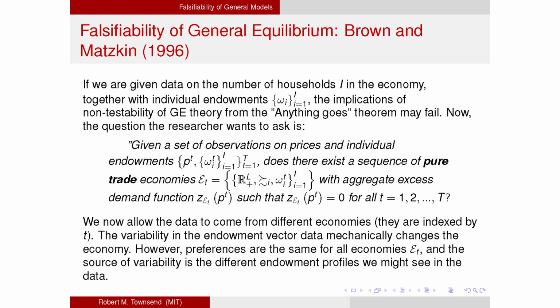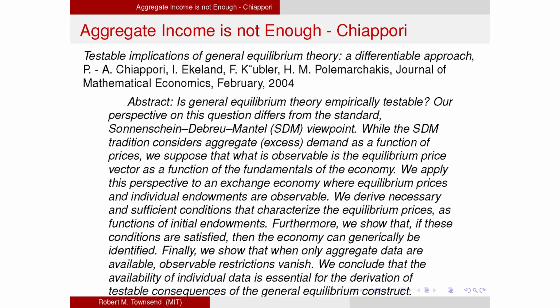So it has content. Here's the differentiable version of it. As abstract as general equilibrium theory is, the Sonnenschein, Debreu, Mantel result is overturned. They're applying it to an exchange economy where we see prices and endowments. They derive necessary and sufficient conditions for the equilibrium prices as a function of initial endowments. And in their language, they show that the economy can be generically identified.